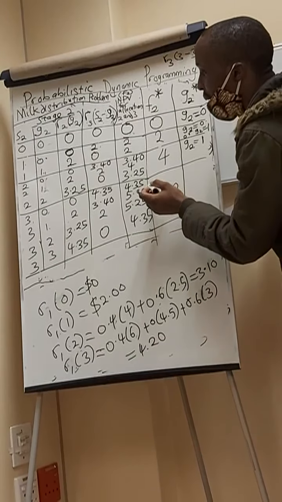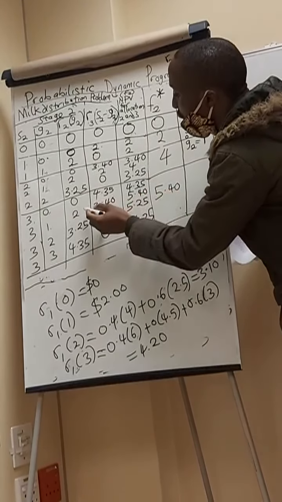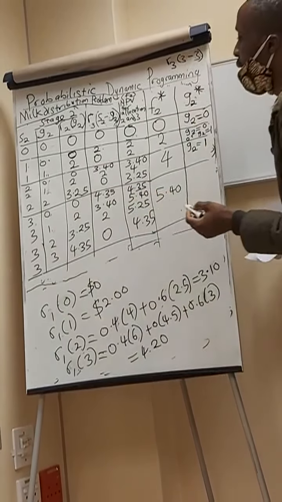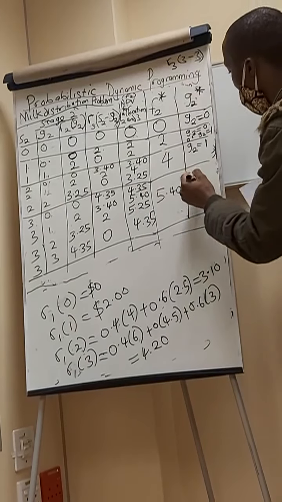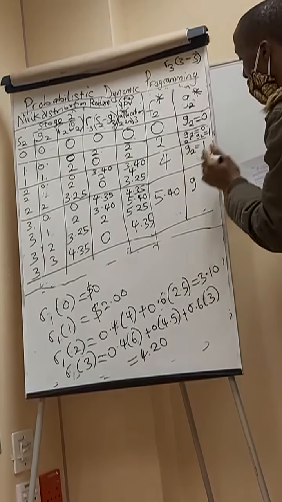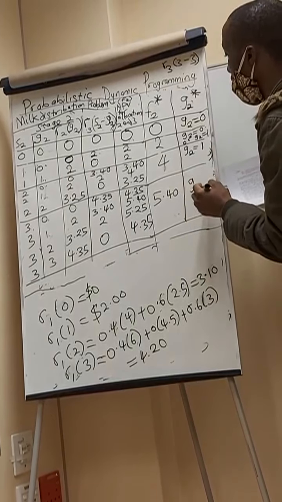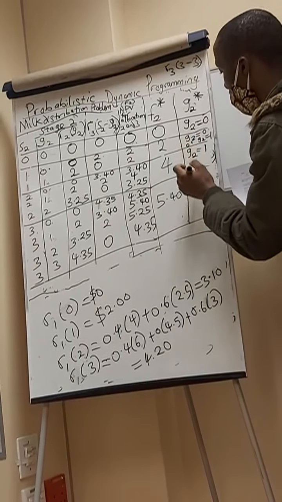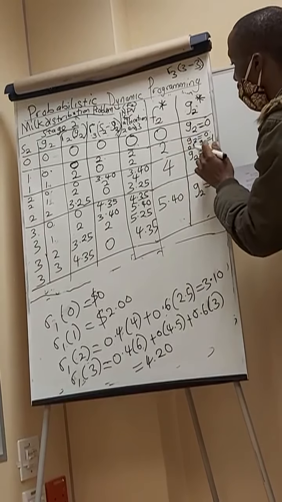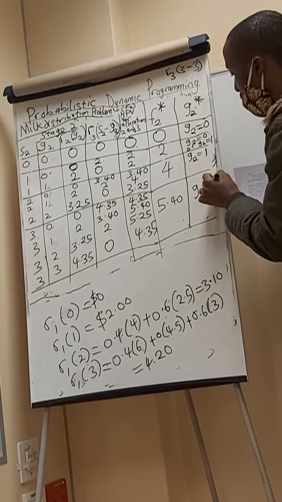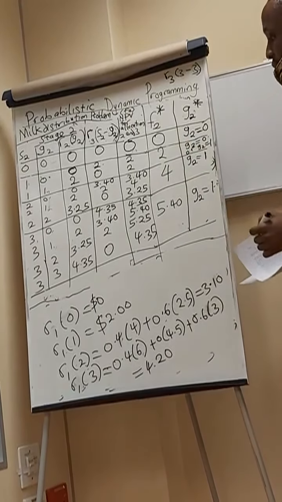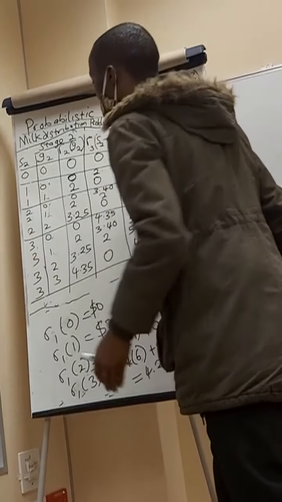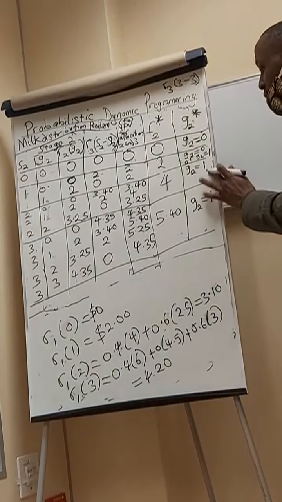The allocation that gave you that best revenue was to allocate 1 gallon of milk, which is also saying G2 must be equal to 1 at this stage of 3 gallons of milk being available.